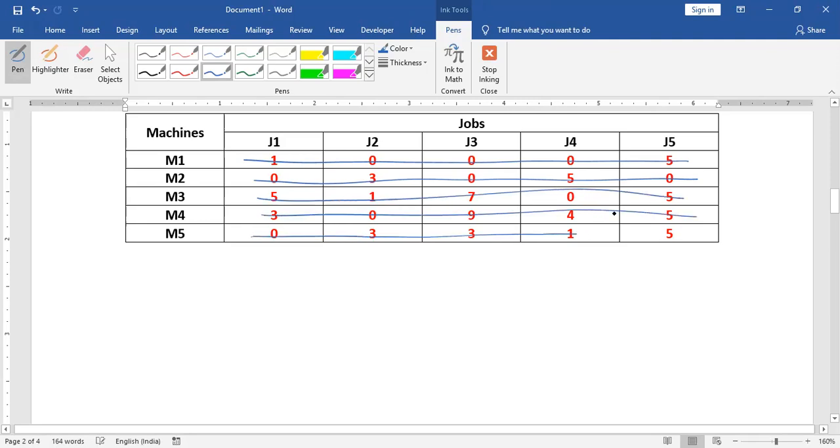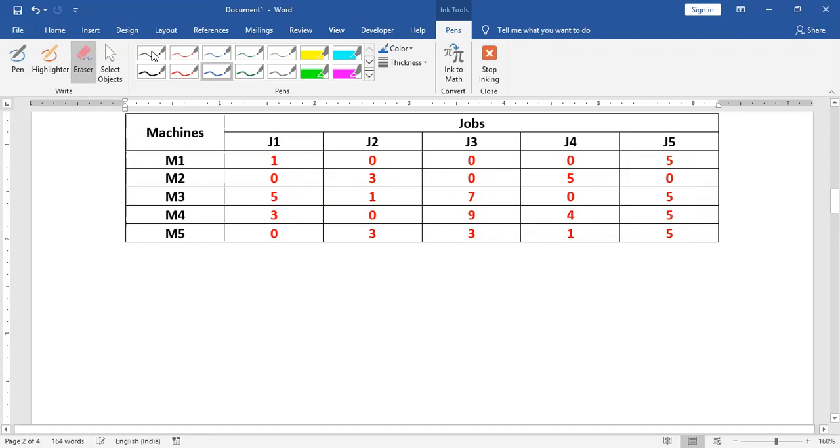So finally we got how many lines? 5 lines. You can draw in any manner, but the purpose is that you have to draw the minimum lines. Agreed. Now I will draw lines in a different manner so that you can understand it.